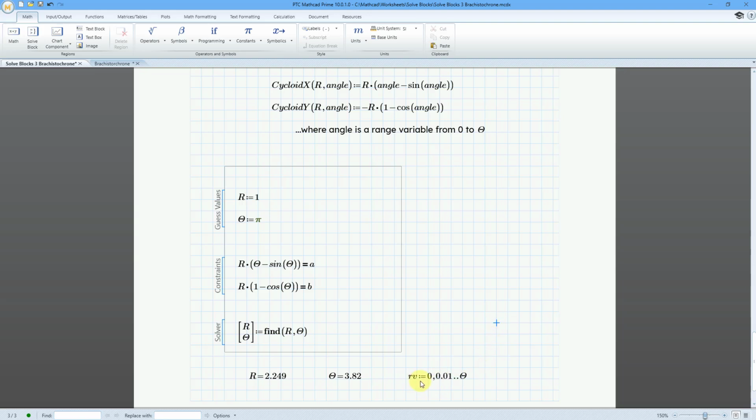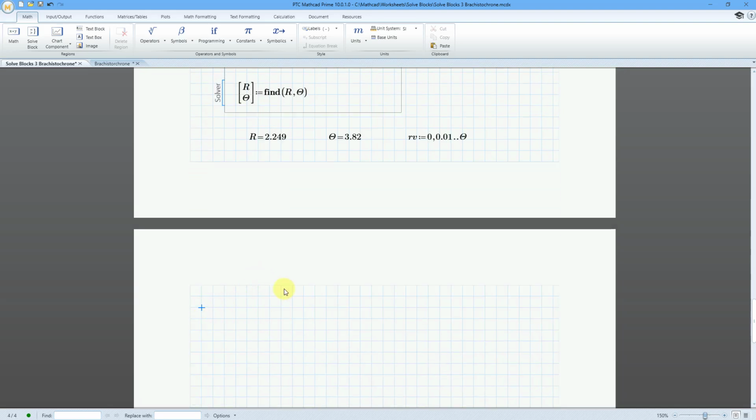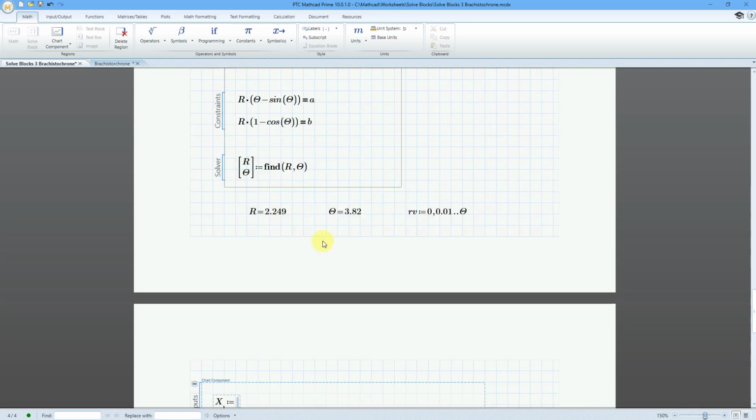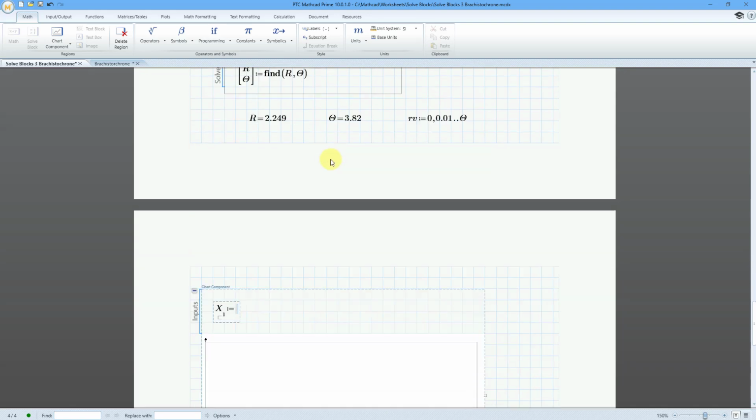And so now that I've got this range variable RV, we can graph this by sending R and RV to these two functions that I already defined. So let's go down and position our cursor. Let's put in a chart component, insert chart component, and then let me right click and insert the x-axis expression. And so I have the function, I'm just scrolling up, it's called cycloid x. Very easy to remember.